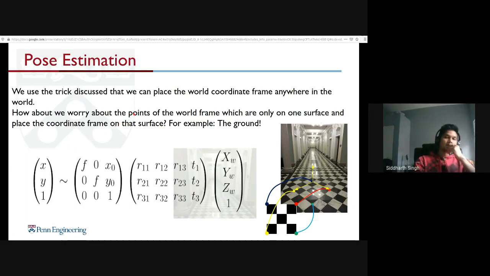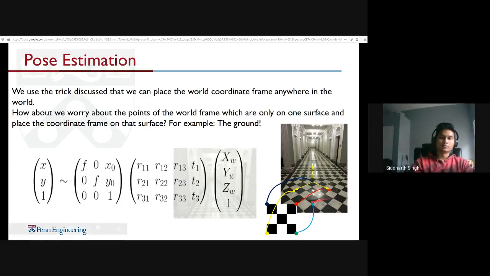So then we move ahead and we see that we have this choice. We can make the world coordinate frame anywhere in the world, right? So whatever I'm seeing, I have the choice and the option of keeping things wherever we are in the world. So how about I keep this coordinate frame on the ground here, on the ground of what we are seeing and what we are interested in? Can anyone tell me why I would do that?